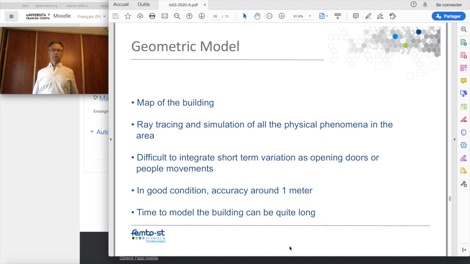So in good conditions you can expect something like 1 meter of accuracy, but only if the conditions are not changing. If there are people inside, for example, or doors which are open or closed, and this is not simulated in the initial model, you are not going to calculate an accurate position.